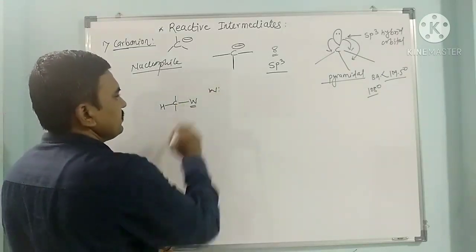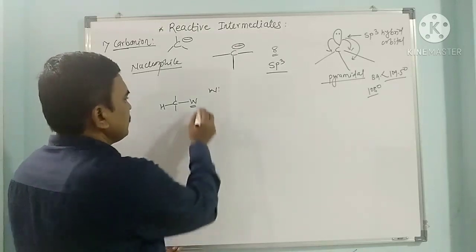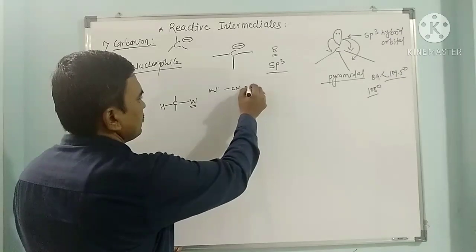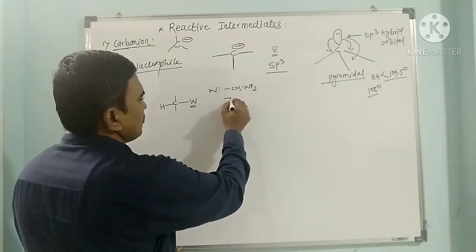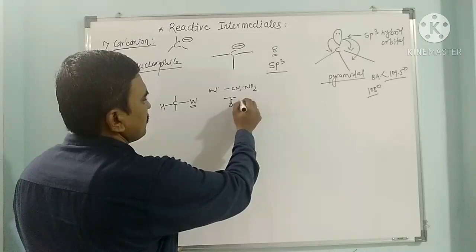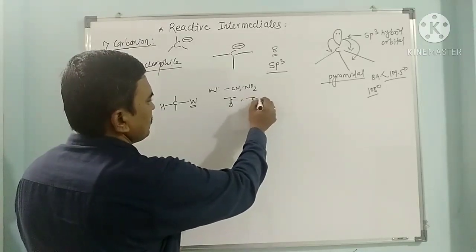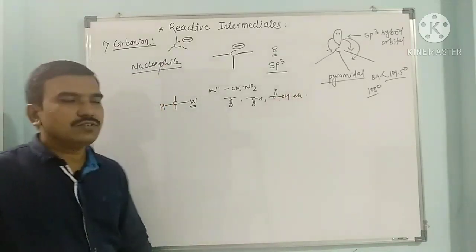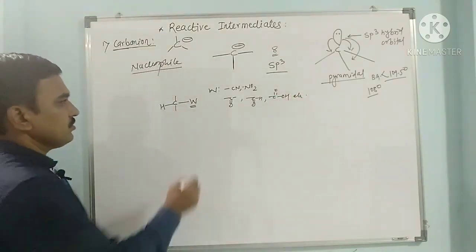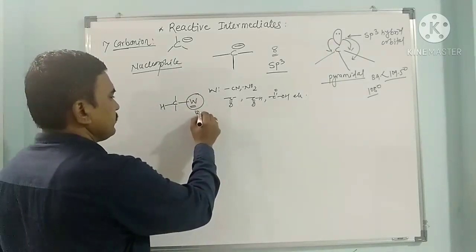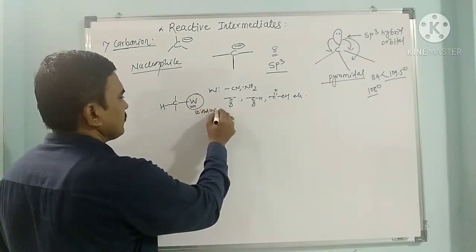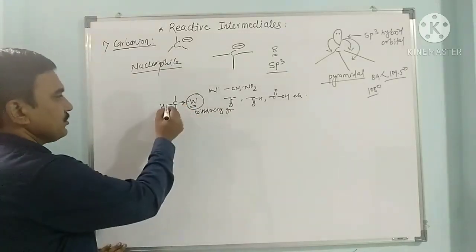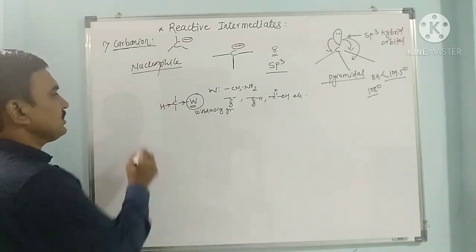So this W can be any electron withdrawing group such as CN, nitro, CO, COH, COOH, etc. Any electron attracting group, when attached here, attracts electrons from this carbon. So the hydrogen becomes acidic.